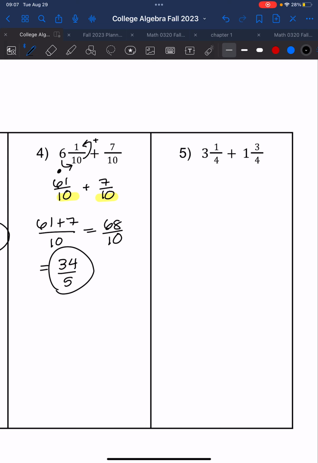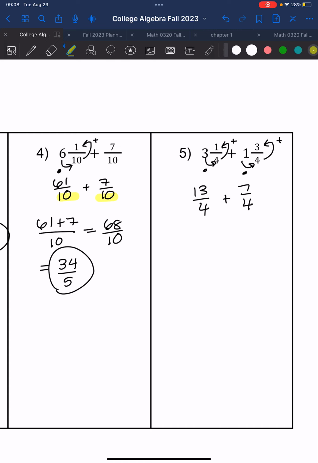Last example here, number 5. Again, we have two fractions that have whole numbers on the outside, so we're going to make them into improper fractions. So multiply, then add. So this first one, 3 times 4, 12. 12 plus 1, 13/4. Plus 1 times 4, 4. 4 plus 3, 7. 7/4.